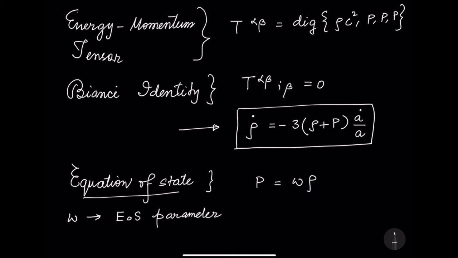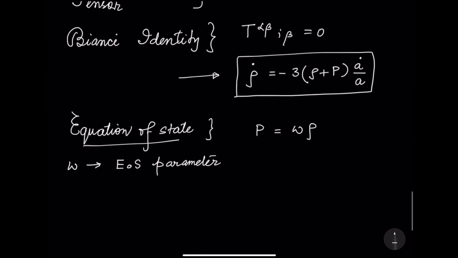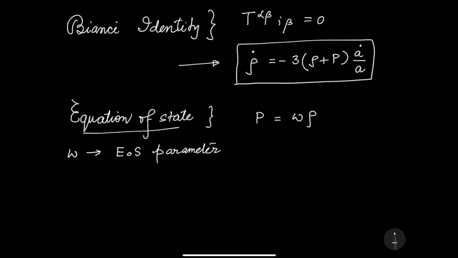And it will differ for different types of objects. For dust, which we discussed earlier when we discussed the energy momentum tensor, ω is 0. For radiation, ω is 1/3.